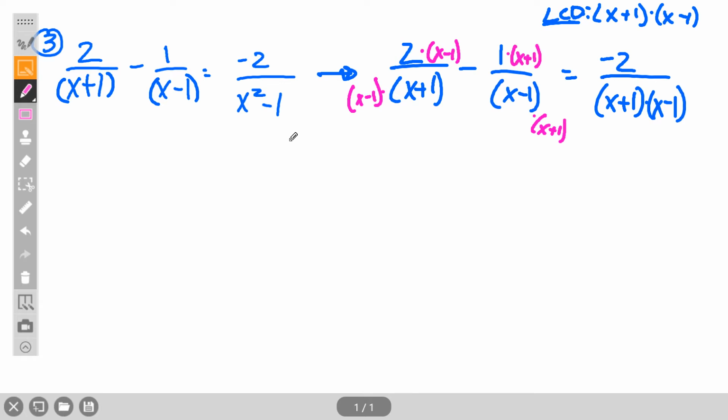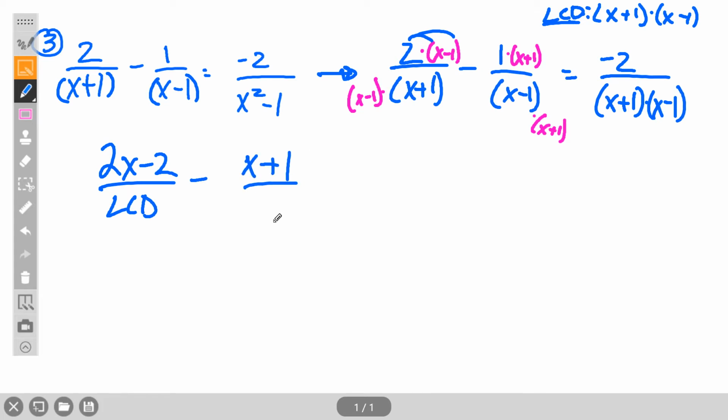And the second one has already got that as a denominator, so we're fine. So distribute here. So 2x minus 2 over the LCD minus, we don't really have to do anything there, x plus 1 over the LCD equals negative 2 over the LCD.